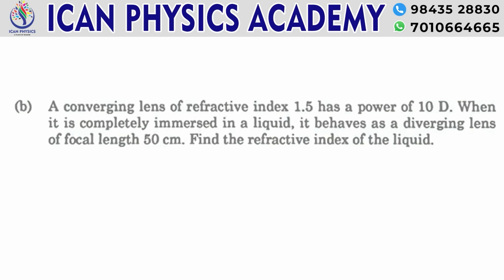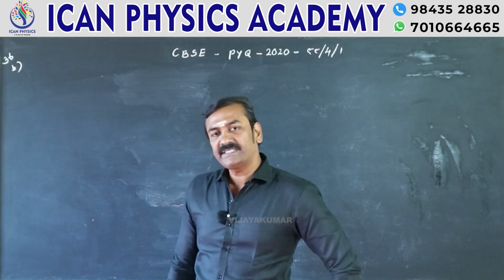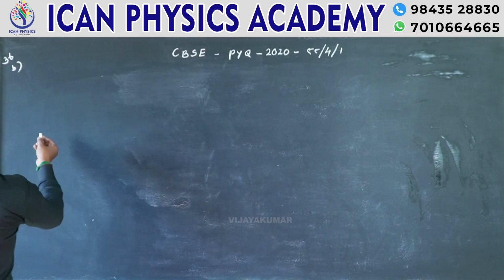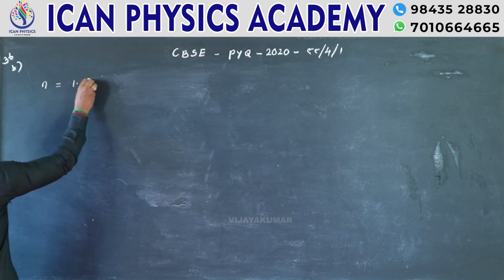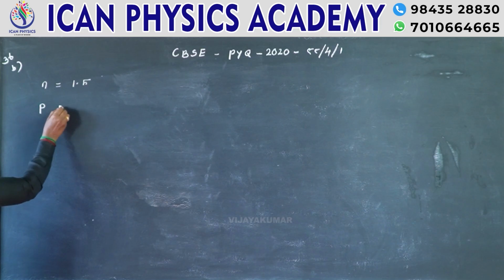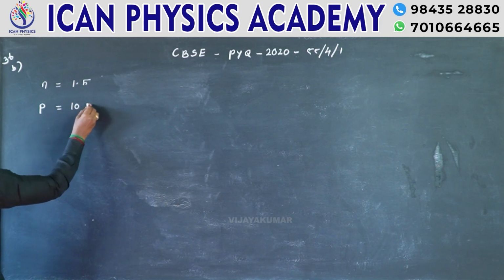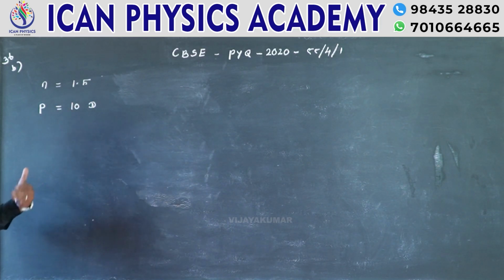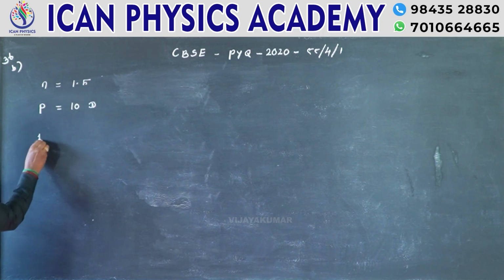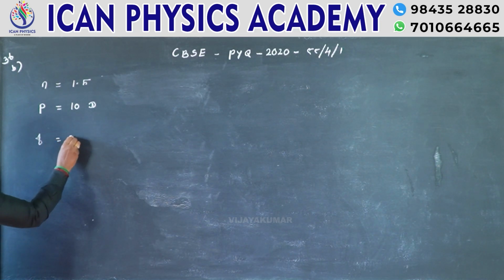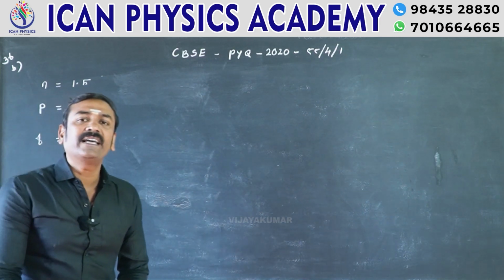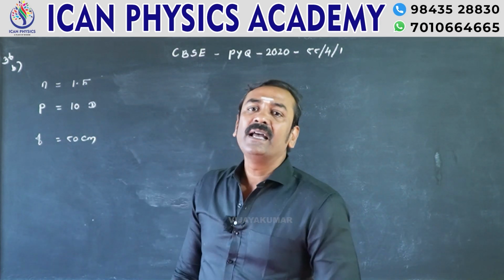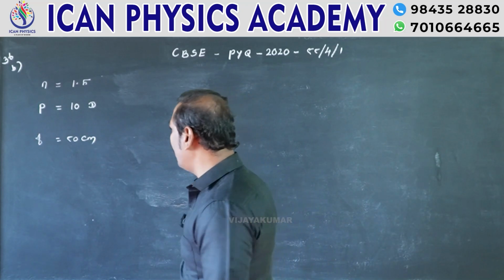The refractive index is given as 1.5 and its power is 10 diopter. When it is immersed in a liquid, its focal length becomes 50 centimeter. So what is the refractive index of the liquid? That is the question.